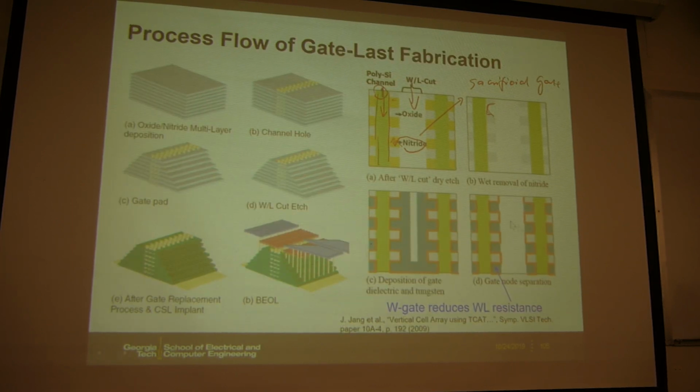Refill it, and then you etch, and now this is your real gate. So you have some dummy gate first, which will be sacrificed, and eventually you get your real gates there.